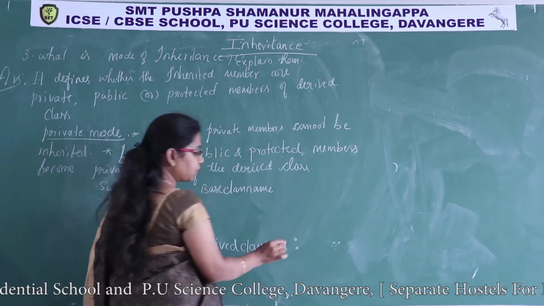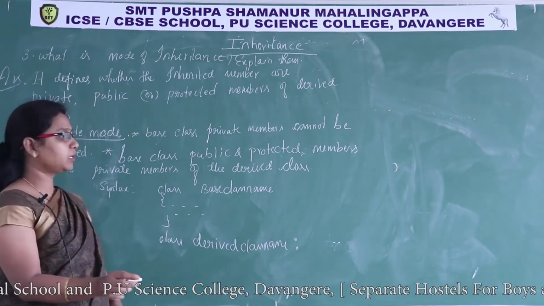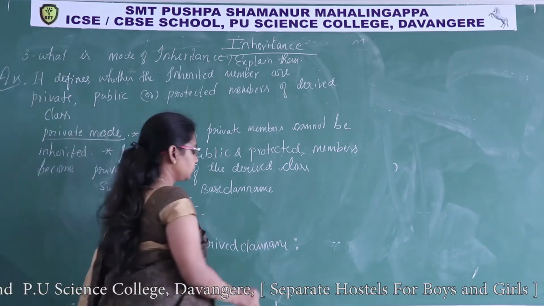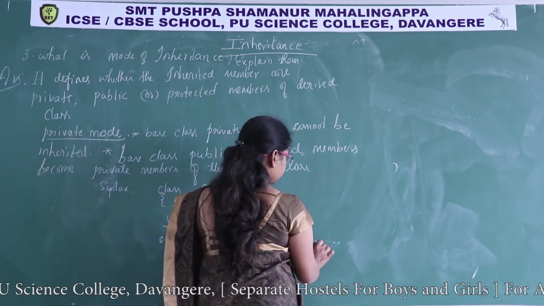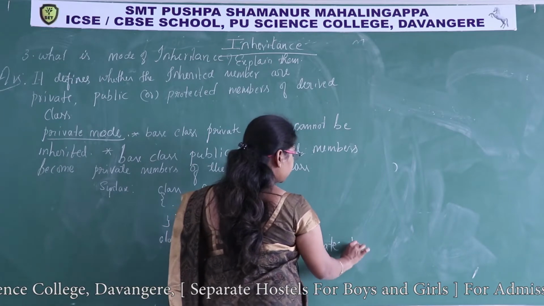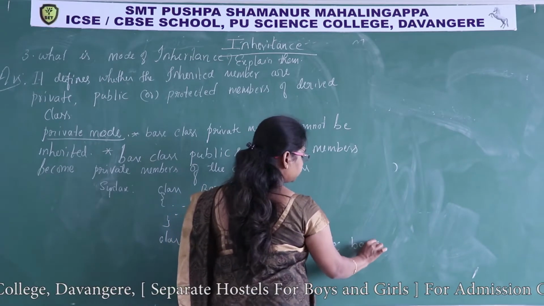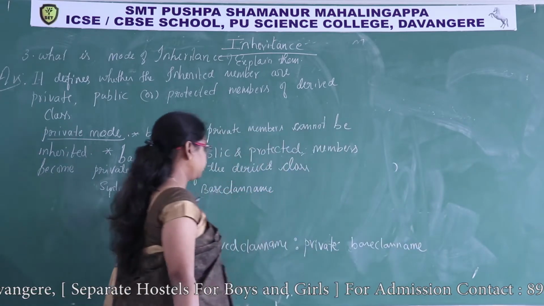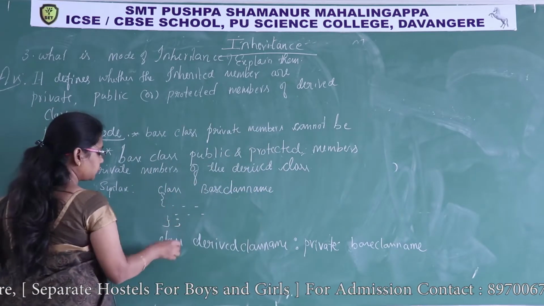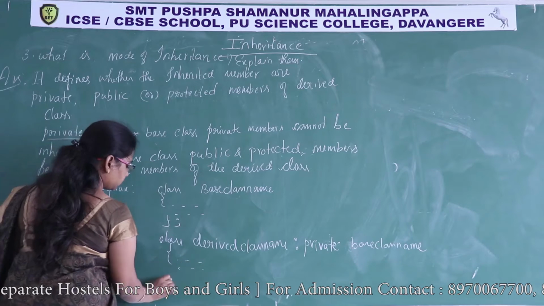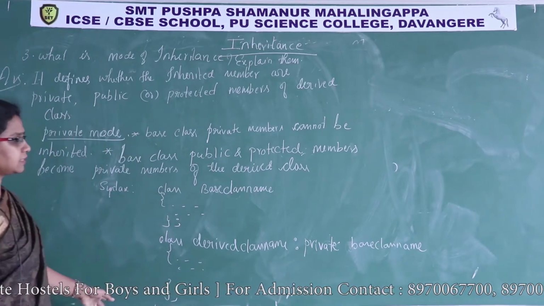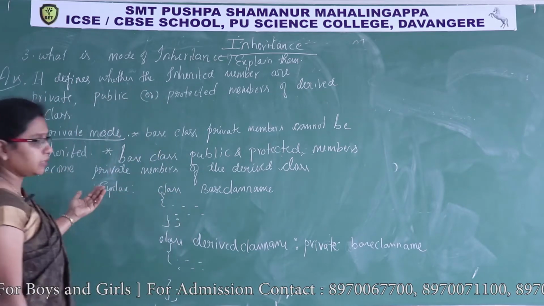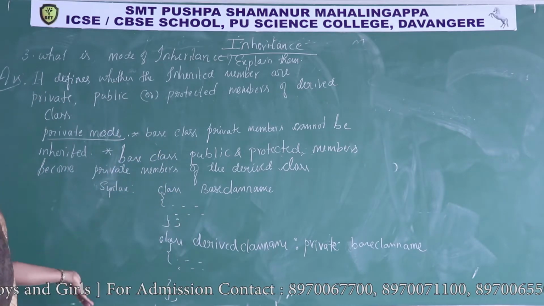So here you must mention visibility mode private because we are writing syntax about a private mode. Private base class name. After closing class, we must write semicolon. So this is the syntax. Syntax is enough. Now, like that you can write explanation about public mode and protected mode.